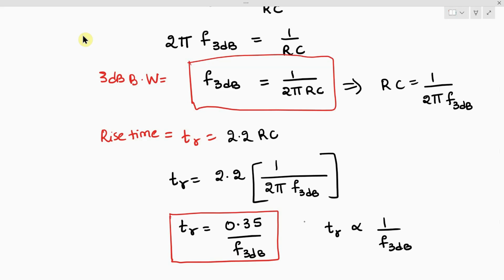The only thing is that the proportionality constant factor will change depending on the type of filter we are using. That means the result is the same. That's it. Okay? Is it okay? Yes. So the conclusion is rise time will always be inversely proportional to the 3 dB bandwidth. This is the conclusion we draw.